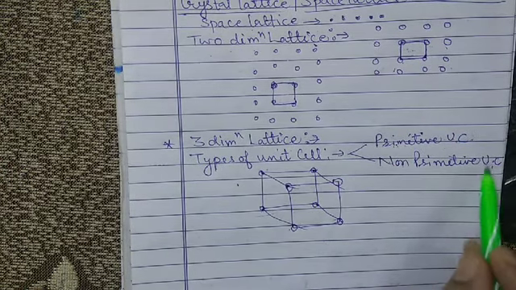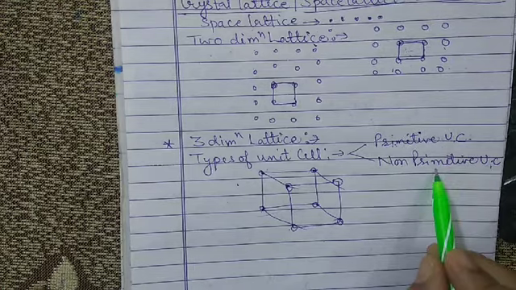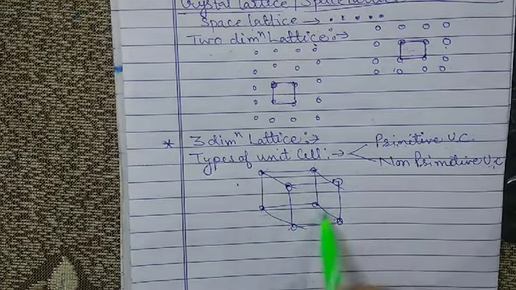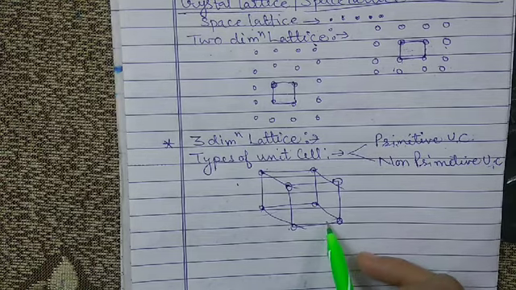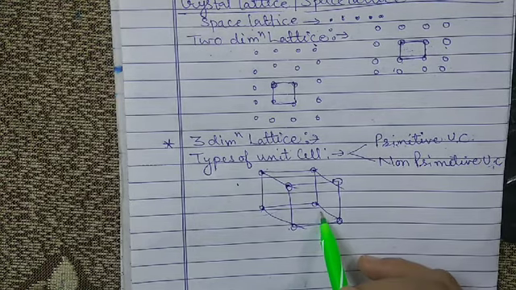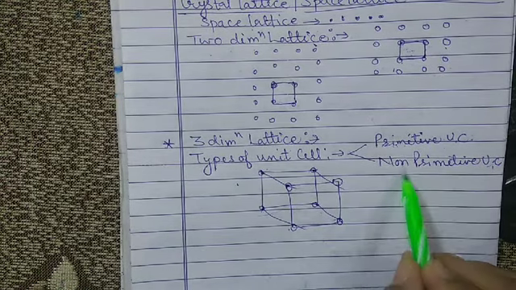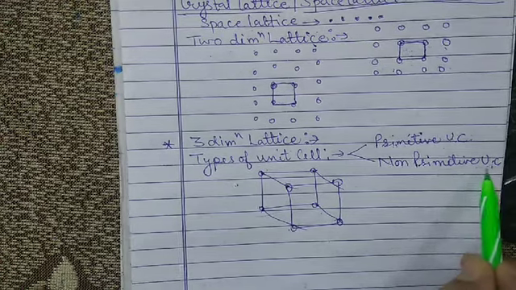In case of a non-primitive unit cell, the points are present at the corner as well as inside the unit cell. Such a type of unit cell is known as the non-primitive unit cell.